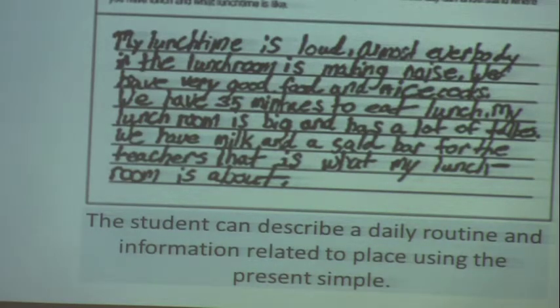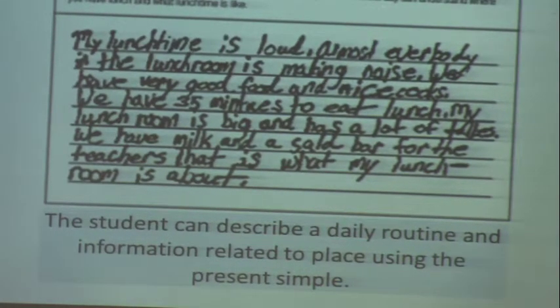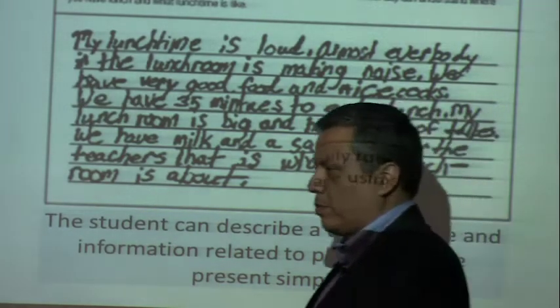Be sure to tell about your lunchtime so that someone who has never had lunch with you on a school day can understand who you have, where you have lunch and what lunchtime is like. So that's the task. That's the prompt. So read it and give me a score and tell me what you think. 0, 1, 2, or 3.